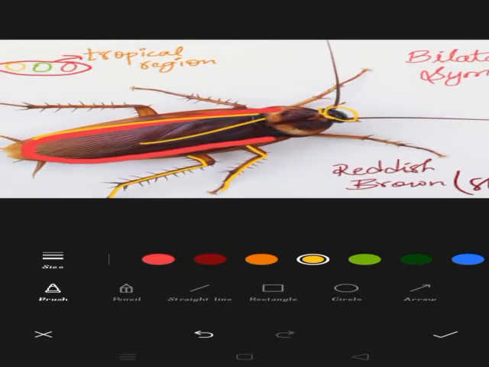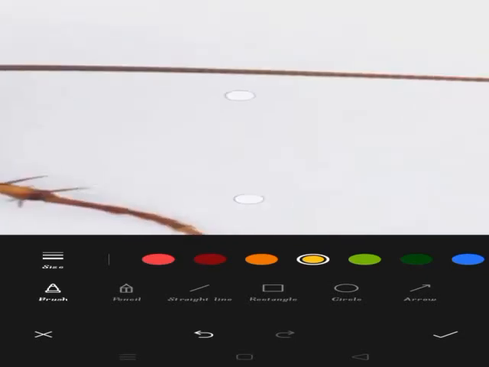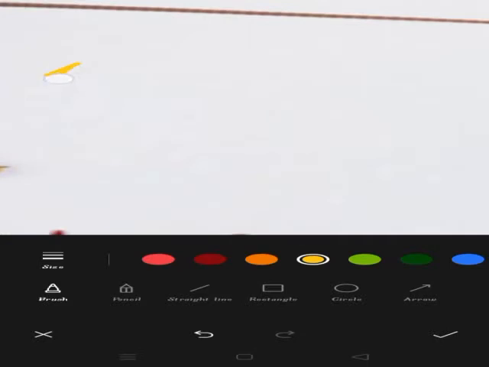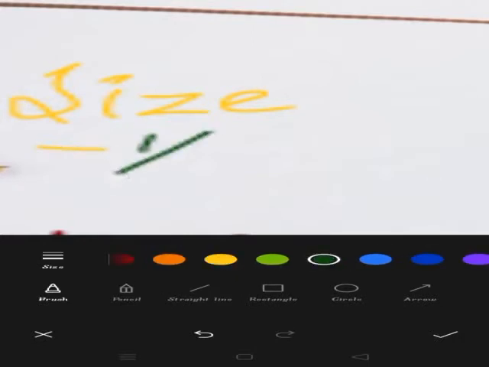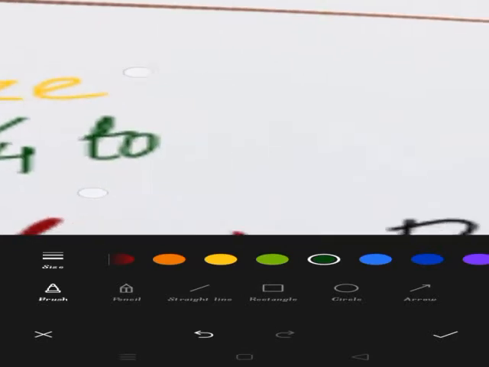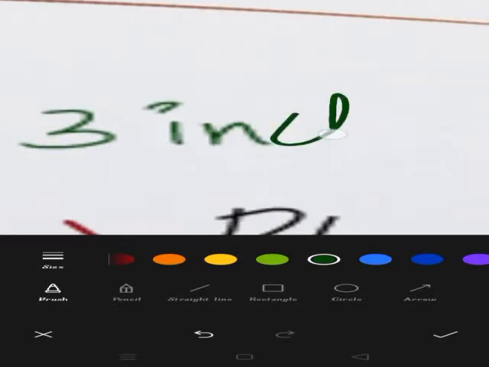The size of cockroaches is 1/4 to 3 inches.